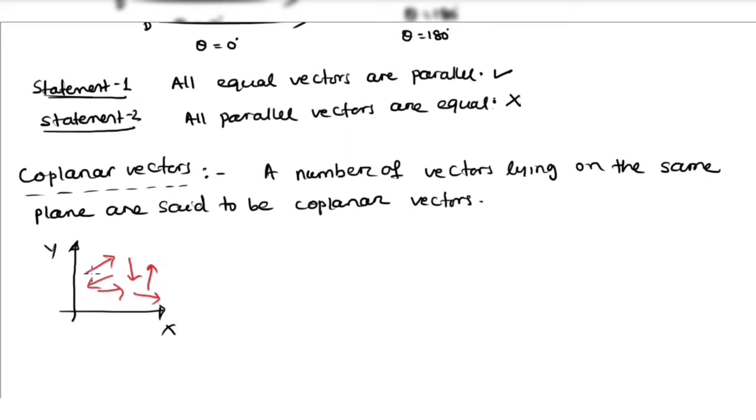So all these vectors have a common plane, and that's why they are known as coplanar vectors. Is that clear?